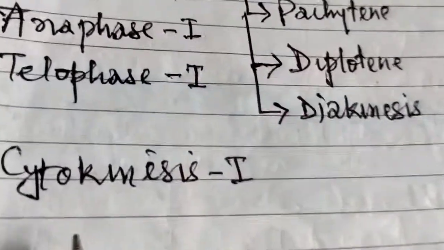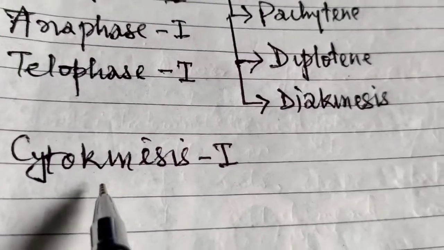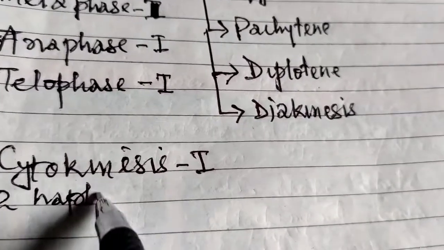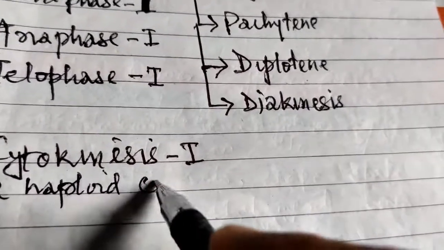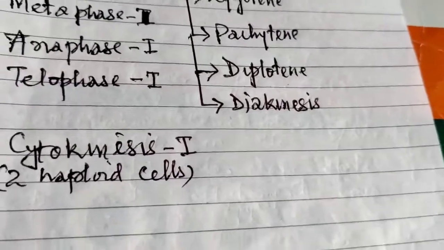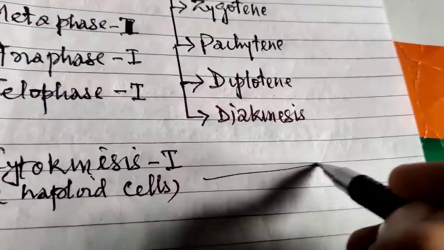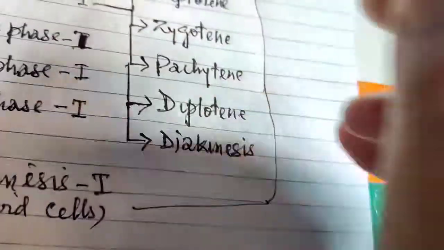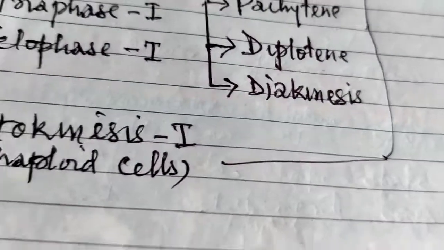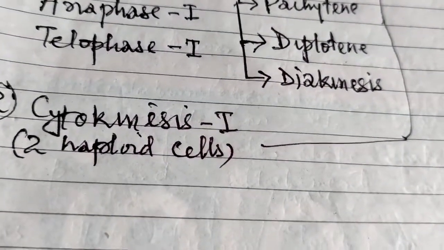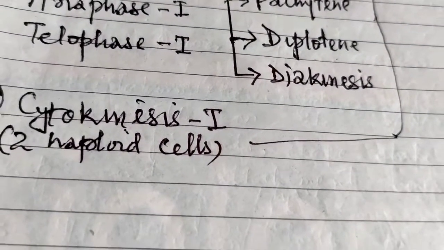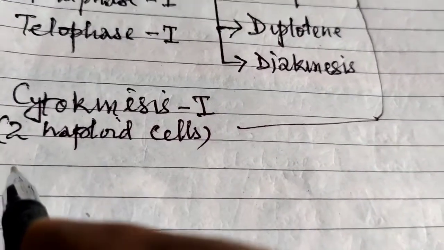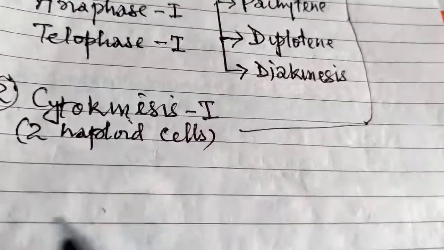But here, when in cytokinesis these 2 haploid cells are formed, they now undergo the second meiotic division. But before that, for a short period, they go through a preparatory phase. That is, these 2 cells prepare themselves for meiotic second division.